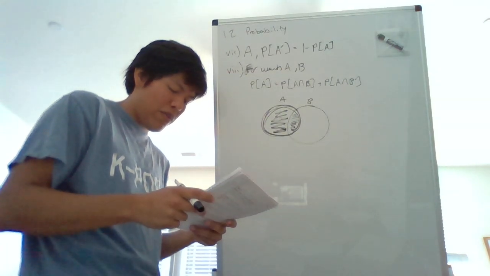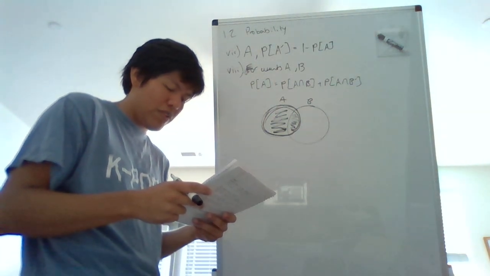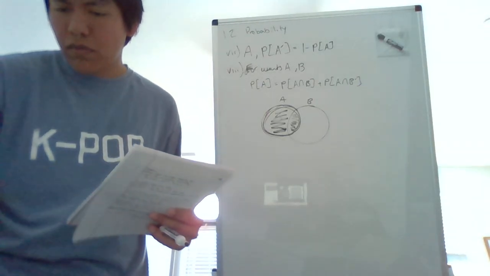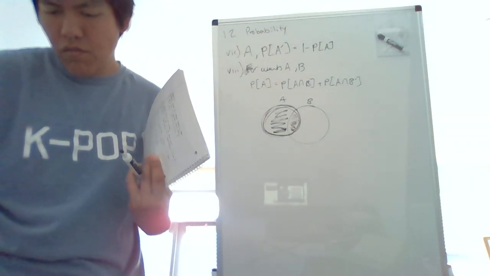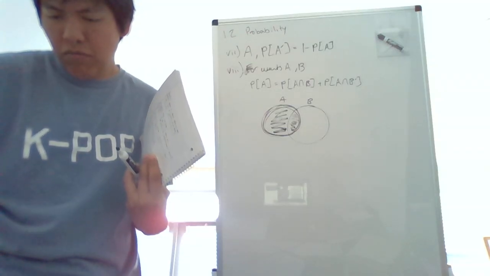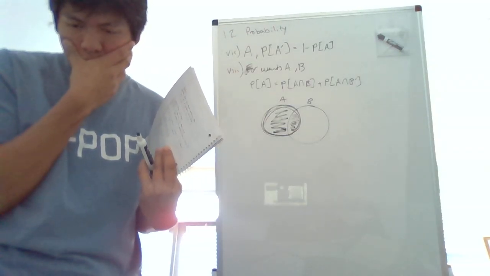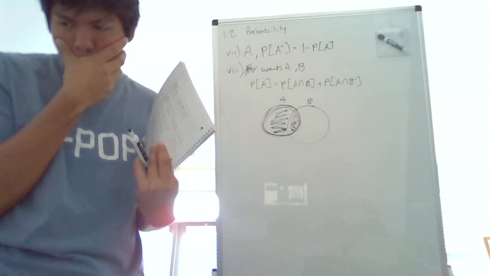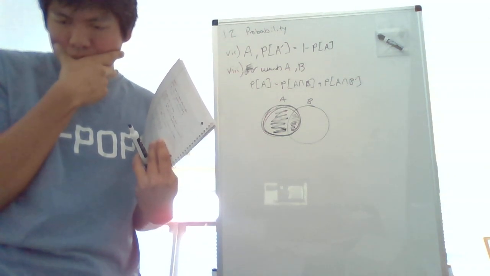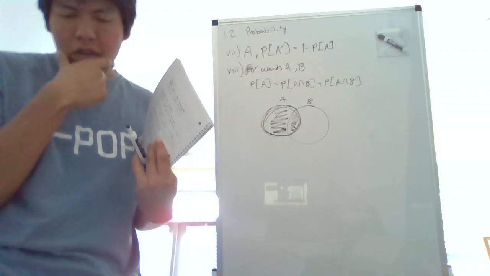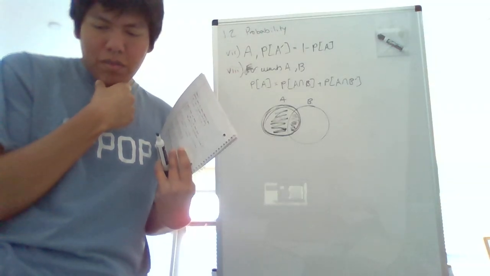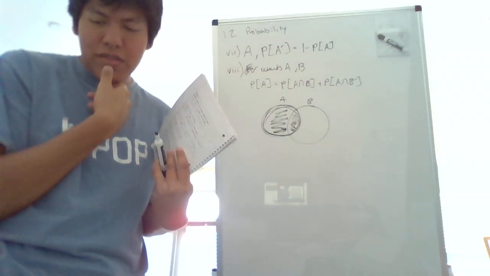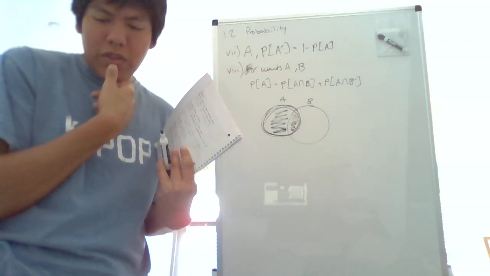Okay, for any events A1 through A sub n, the probability of the union of all of those events is less than or equal to the summation of the probabilities, with equality holding if and only if the events are mutually exclusive.